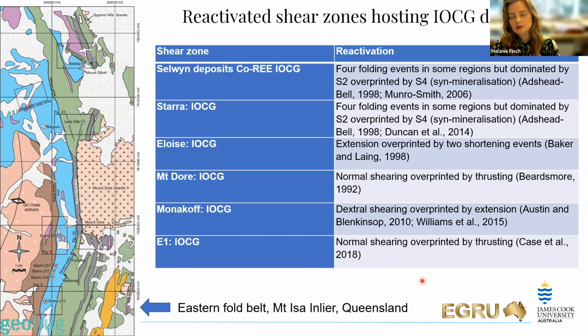Sometimes what we see is extension overprinted by shortening in these shear zones, and sometimes it's shortening overprinted by extension. So when you go through the literature, it can happen either way, which is really interesting, because that speaks to genetic models as well. The simplest model for this is something that can explain both situations.